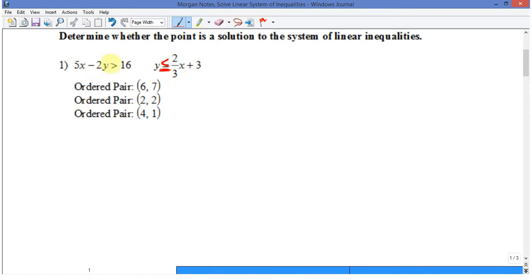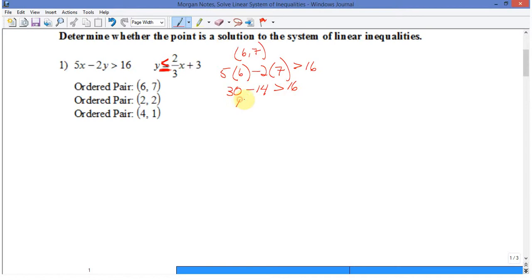So in the first equation, if I substitute the 6 in for the x, so this is the point (6, 7), I would have 5 times 6 minus 2 times 7, is that greater than 16? 5 times 6 is 30 minus 14, is that greater than 16?